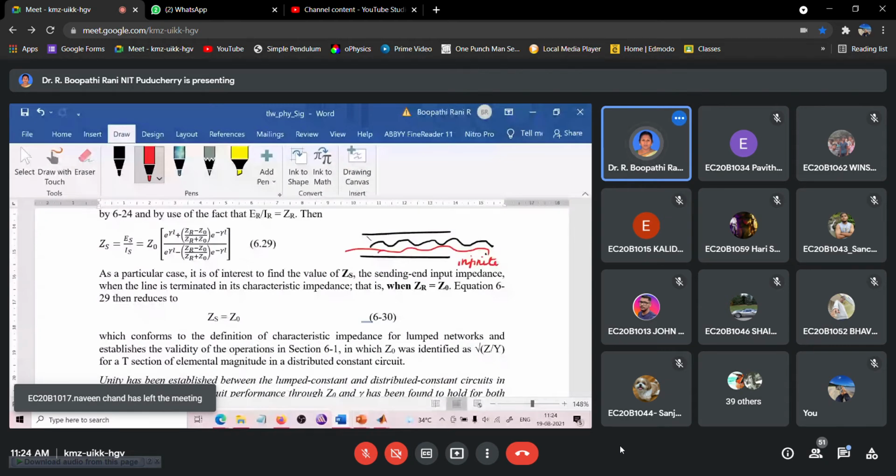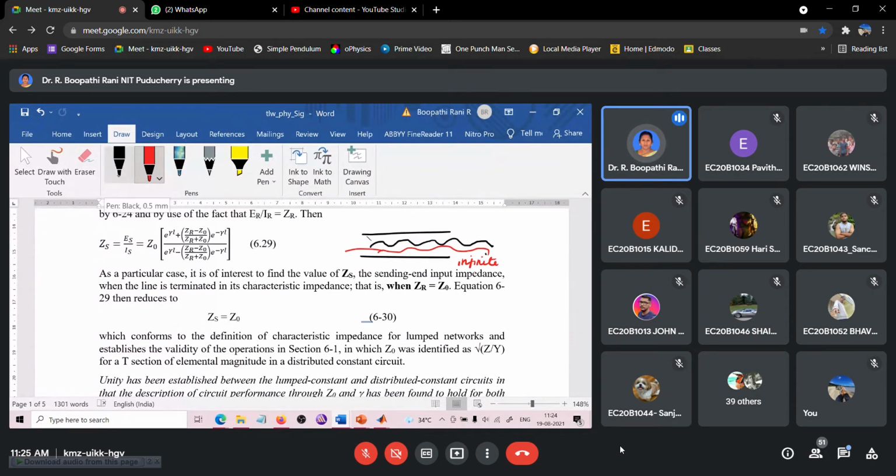So what we want is infinite length, but practically the transmission line lengths are finite. So how will we realize the infinite length?